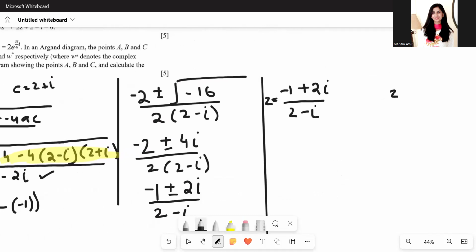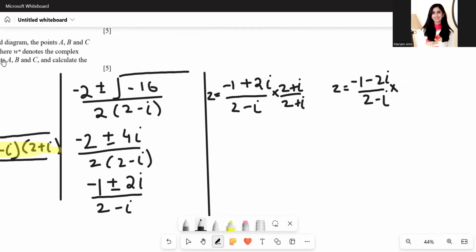And for the other one, it is minus 1 minus 2 iota divided by 2 minus iota. Rationalize both of them, multiplying by 2 plus iota.